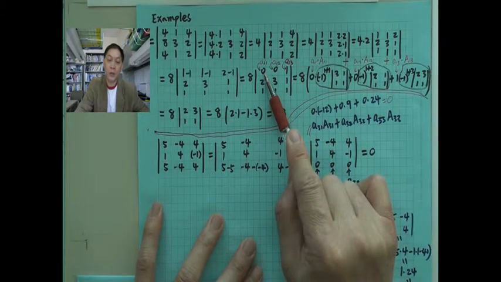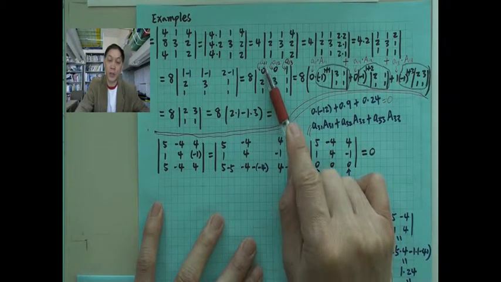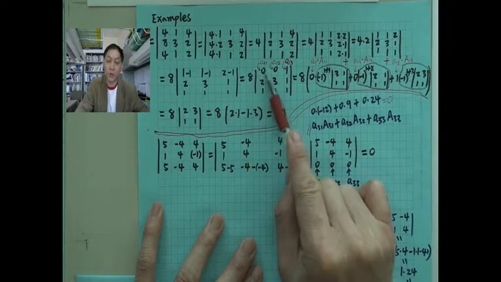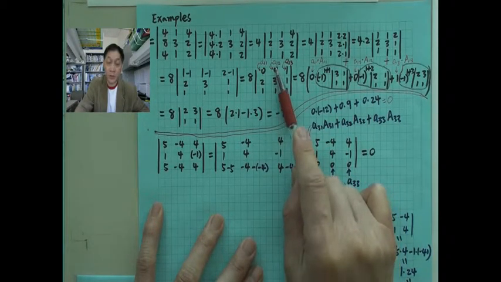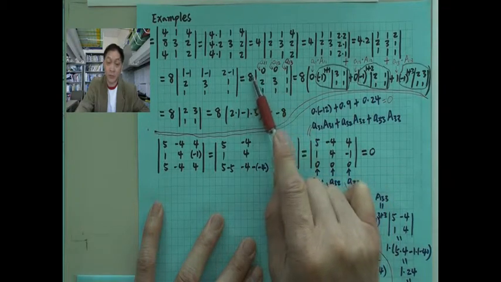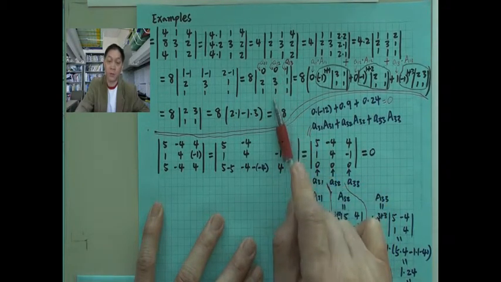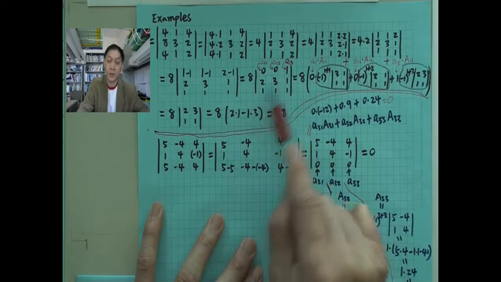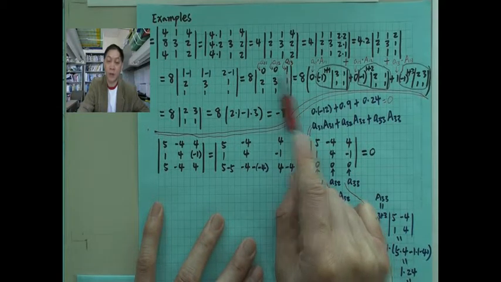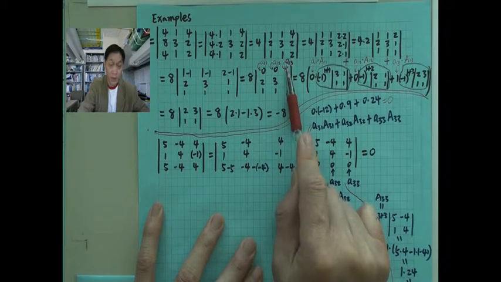This element 0 is called A11 because it's on the first row, first column. This 0 is A12 because it's on the first row, second column. And this one is A13, first row, third column.